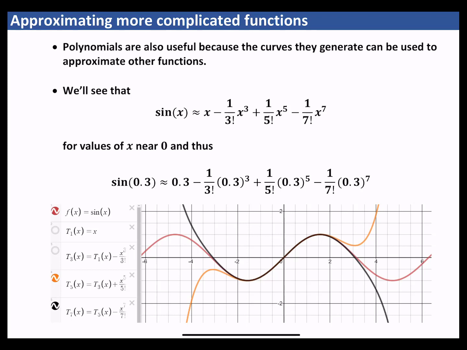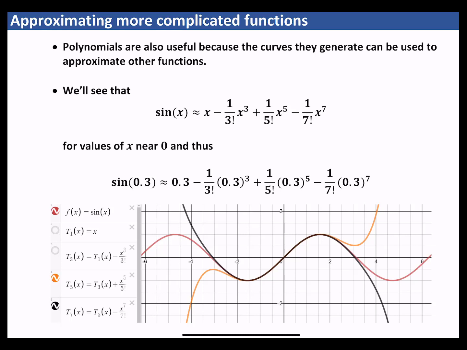Polynomials are also useful because the curves they generate can be used to approximate other functions. One of the most important examples of this is the fact that non-polynomial functions like the sine of x and e to the x can be approximated by polynomial functions. Indeed, this is how calculators and computers are able to determine values like the sine of 0.3.